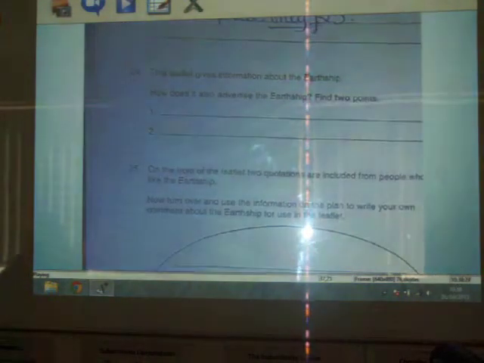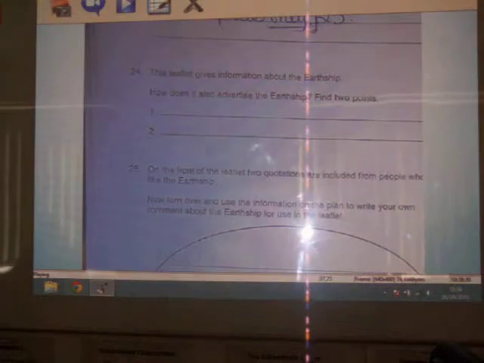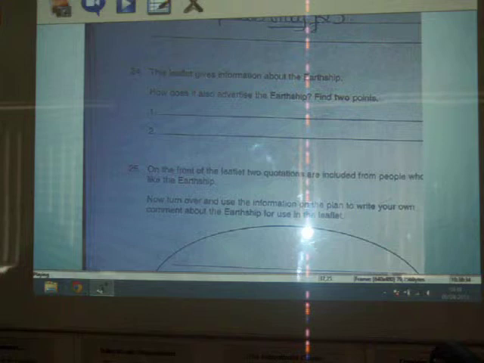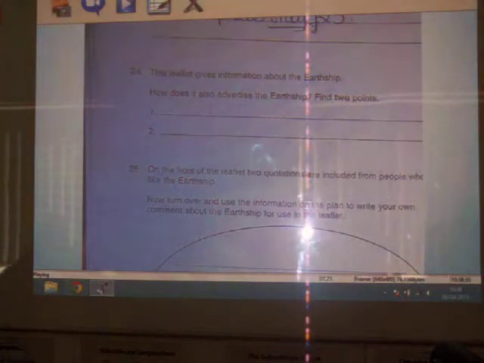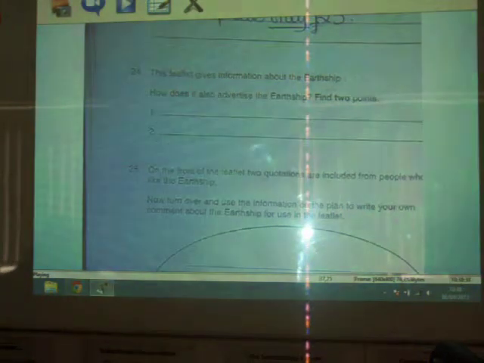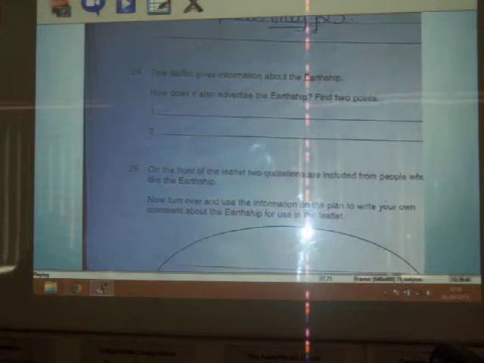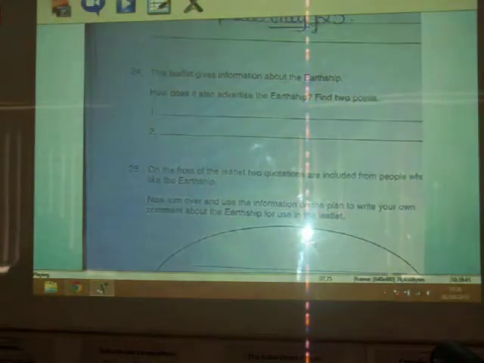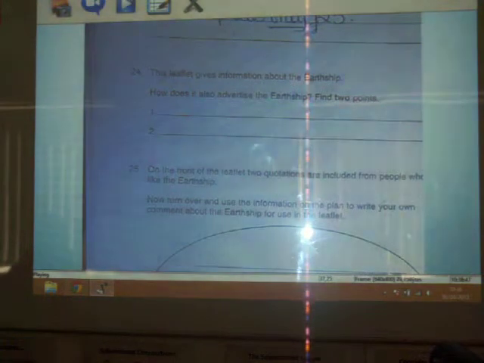When you look at any brochure, any website, the first thing you see is a nice big picture. At the moment the copy you've got is in black and white, but the original is in colour. Big photograph.